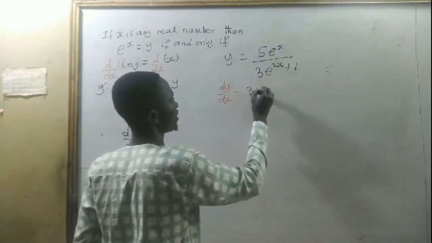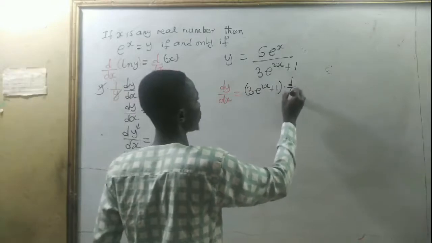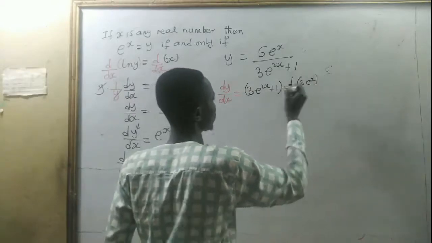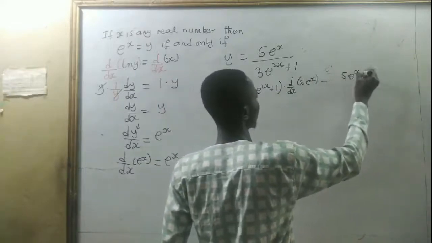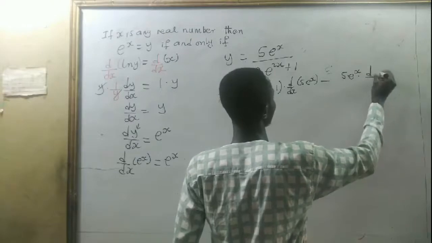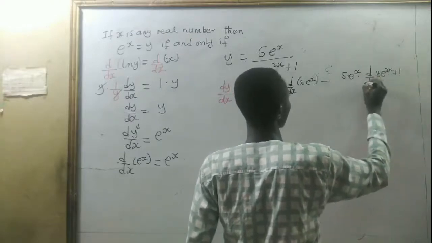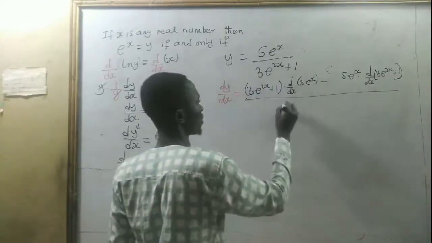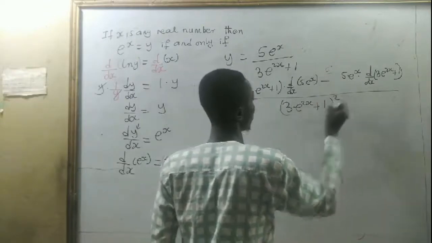So we have 3e to the power 2x plus 1 times the derivative of 5e to the power x with respect to x, minus 5e to the power x times the derivative of 3e to the power 2x plus 1 with respect to x, all divided by the denominator squared, that is 3e to the power 2x plus 1, all squared.